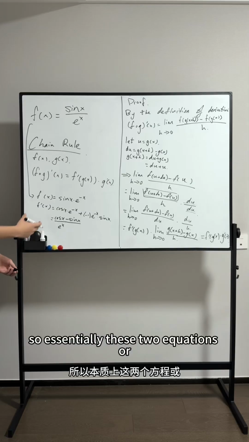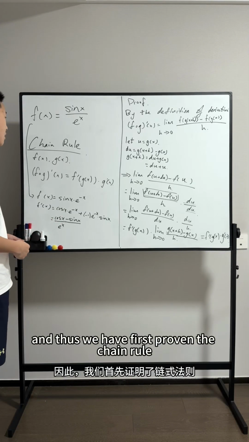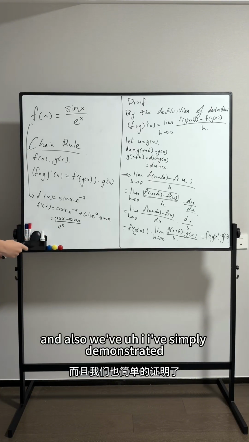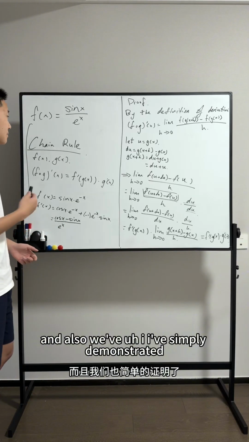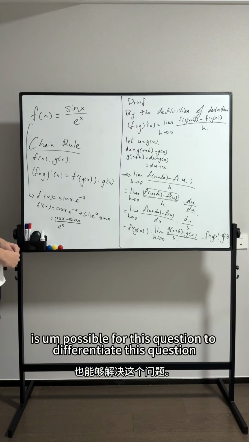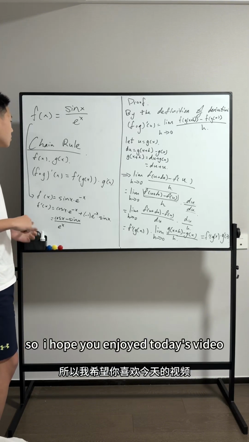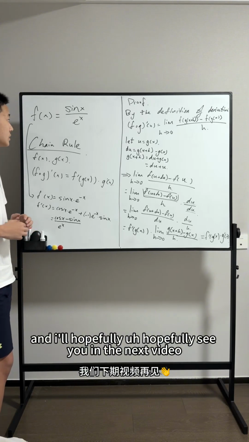So essentially these two expressions are the same, and thus we have proven the chain rule, and also I've simply demonstrated that the chain rule plus the product rule is possible for this question, to differentiate this question. So I hope you enjoyed today's video, and I'll hopefully see you in the next video.